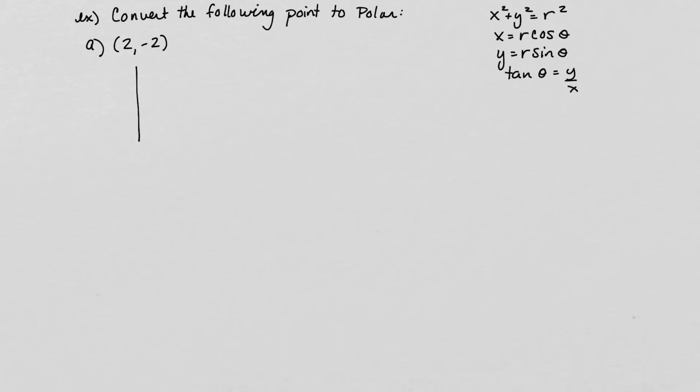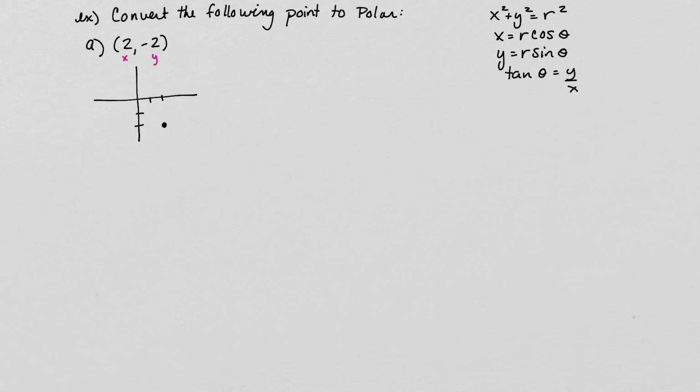Sometimes I think when you're going from Cartesian to polar, it's helpful to graph the point. So here I am at 2, negative 2. We're talking about this point here. Right, so we're in that third quadrant. I have the 2 and the negative 2. This is my x and this is my y, right?